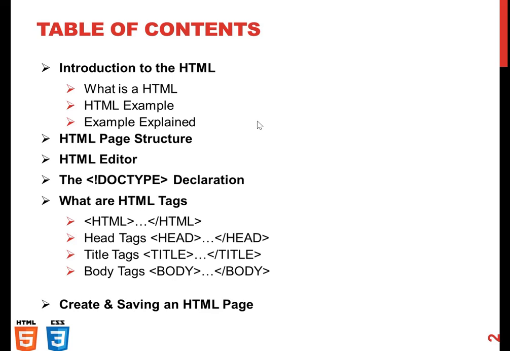We will have an example of HTML, and then we will talk about page structure, what kind of editor best suit for creating the HTML file, the document type declaration, what it is and how does it work, what are HTML tags. And at the end, or during this lesson or tutorial, we will create and save a HTML page.